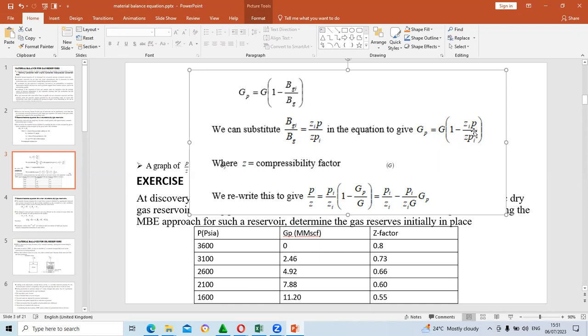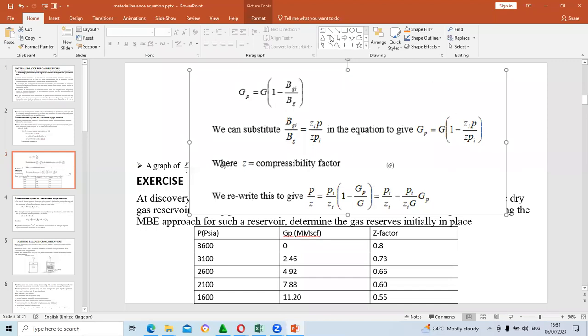We can rearrange this particular equation so that we see P over Z is equal to all of this quantity. And if I expand this bracket, I will have P over Z is equal to Pi over Zi minus Pi over Zi G, then GP.